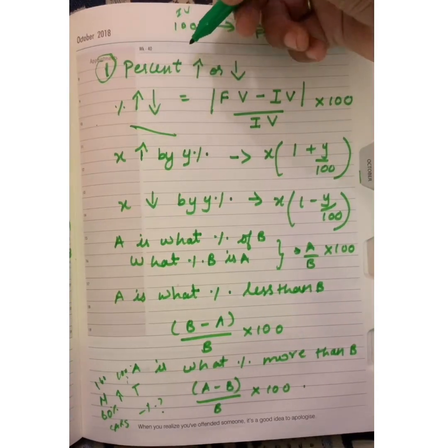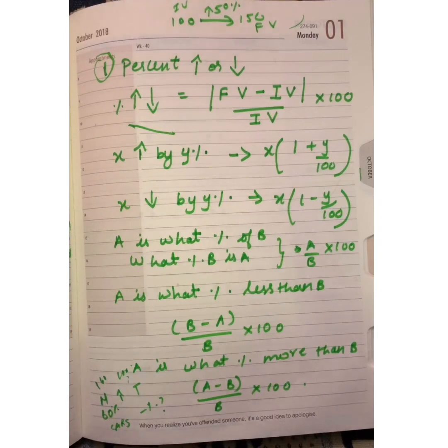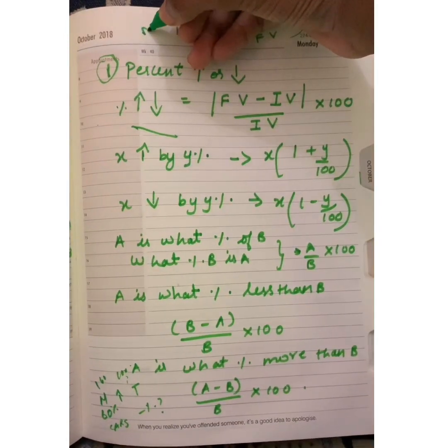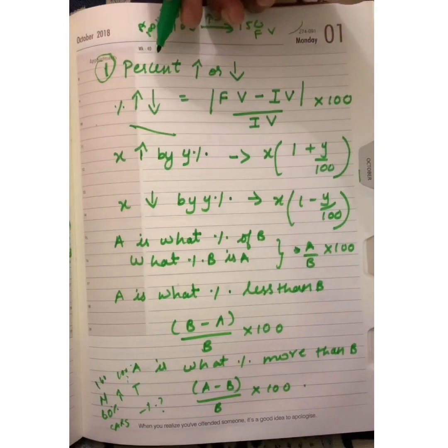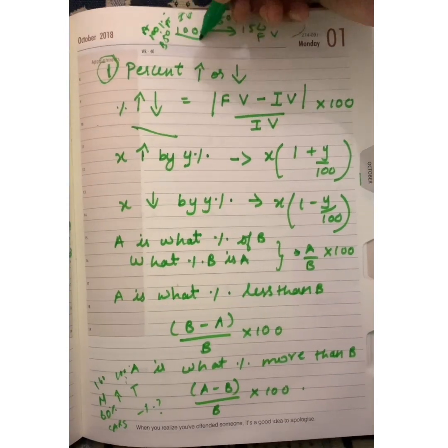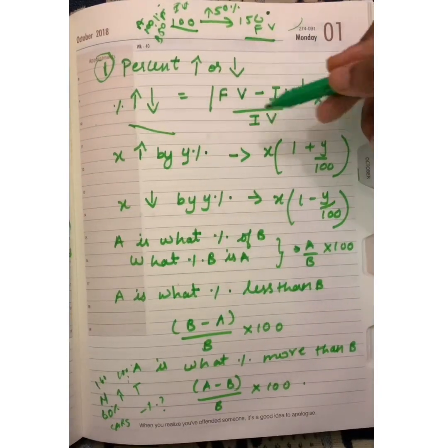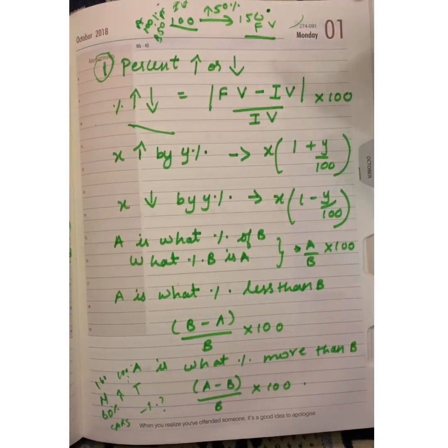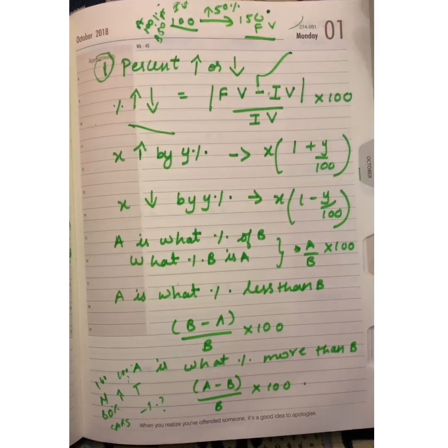You can assume the initial value, let us consider when A is 100, B is 50% more than A. What is the percent increase or decrease they are asking? The initial value is 100 and the final value is 150. Just substitute the final value and initial value, and take the modulus into 100. You will get the percentage increase or decrease, and this is the formula.